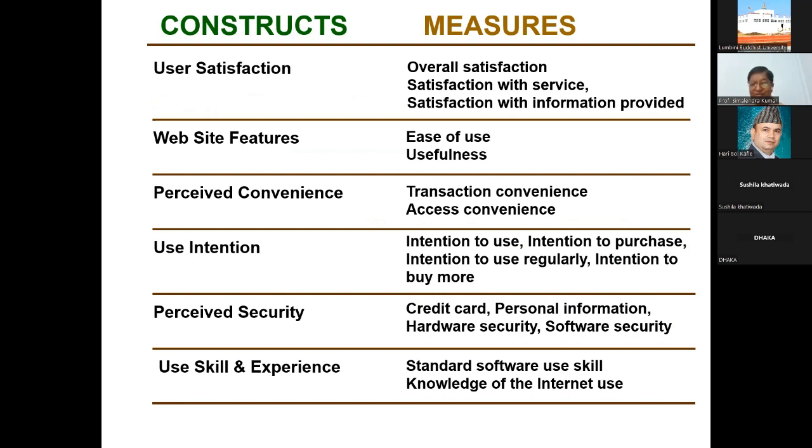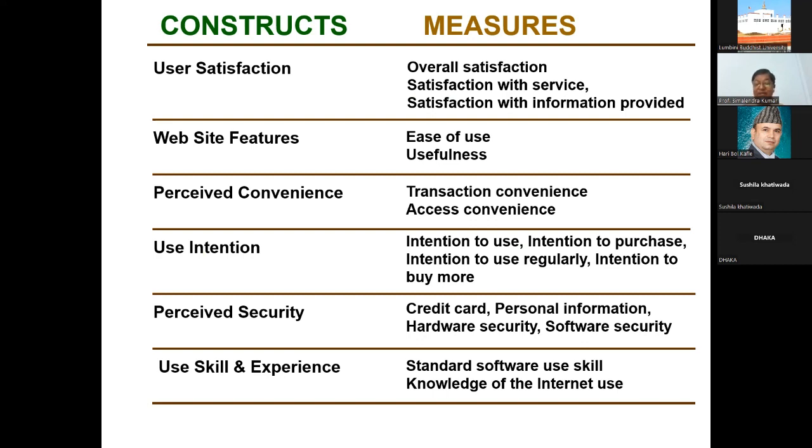These are some of the features related with user satisfaction: overall satisfaction, satisfaction with service, satisfaction with information provided; website features, ease of use, usefulness; perceived convenience, transaction convenience, access convenience; use intention, intentions to use, intentions to purchase, intentions to use regularly, intentions to buy more.